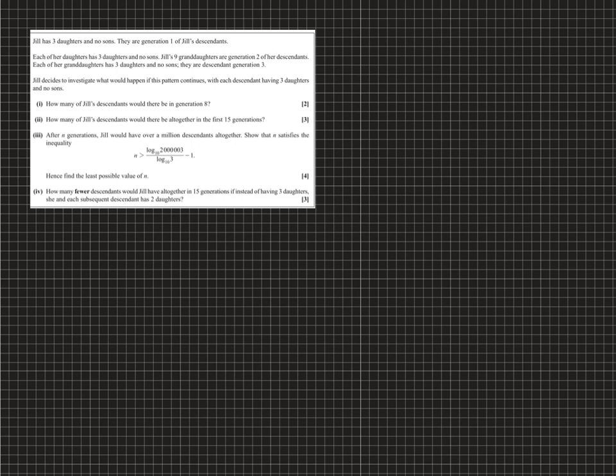So let's see if we can figure out what's going on here. So in generation 1, we've got 3 daughters. In generation 2, each of the daughters has 3 daughters, so that must mean there's 9 daughters in the next generation.